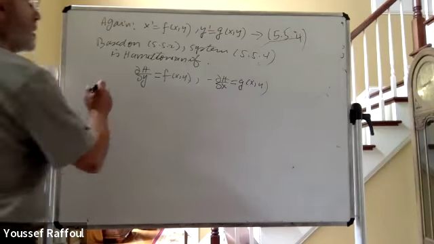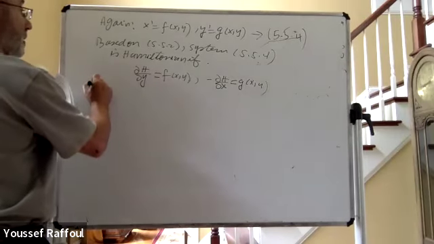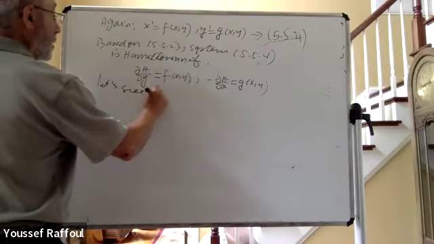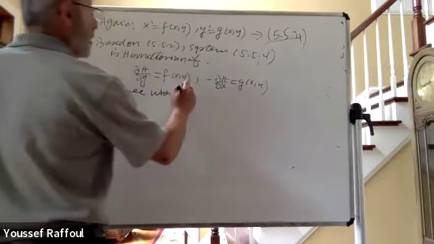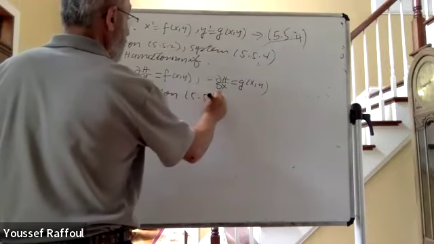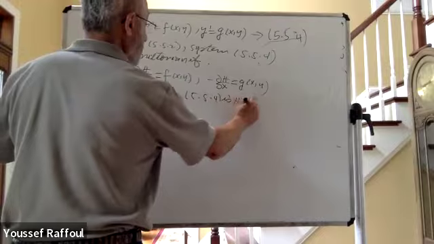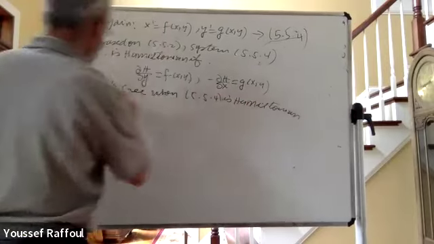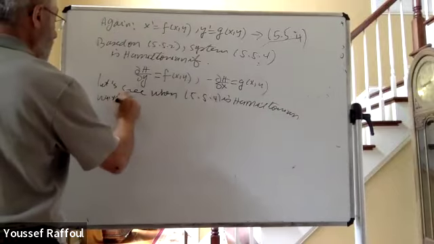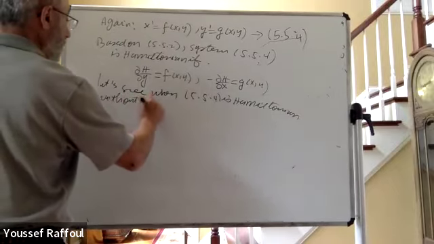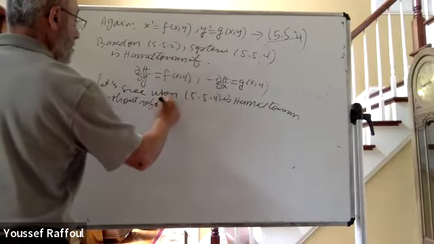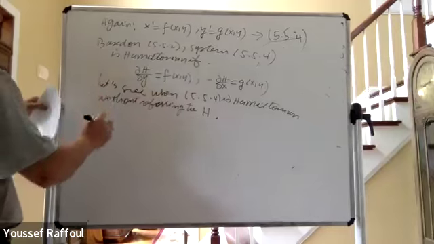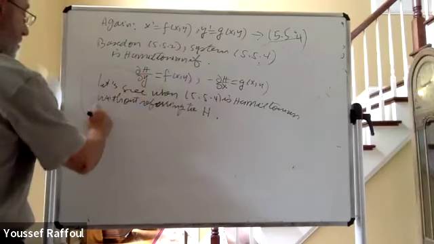So let's see when 5.5.4 is Hamiltonian, without referring to H. Well, so let's work with this.